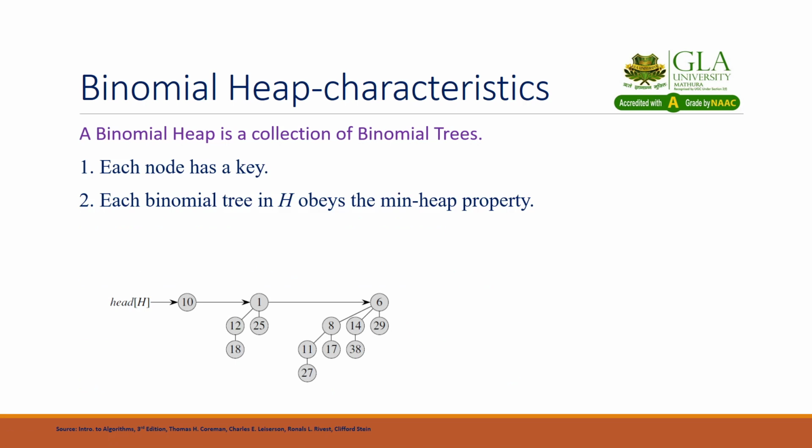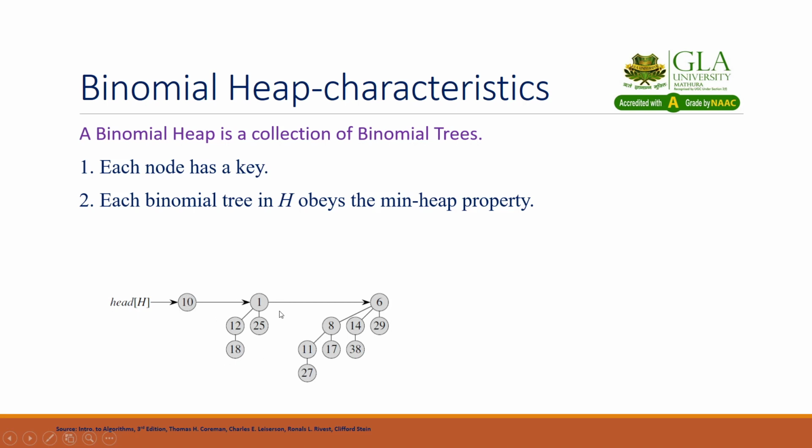Now, the binomial trees available in the binomial heap will always follow the min heap property. First you must know what the min heap property is. If there is a heap, every parent must be smaller than its children. If you see this binomial heap, the roots are smaller than their children, and every parent is smaller than its children. If we talk about 10, there is only one element.